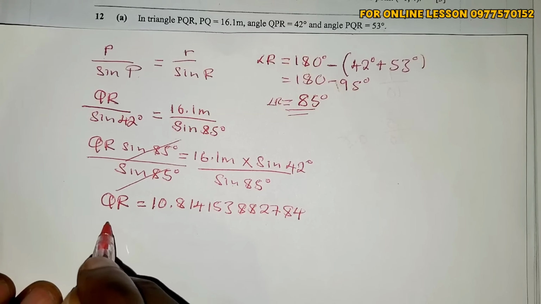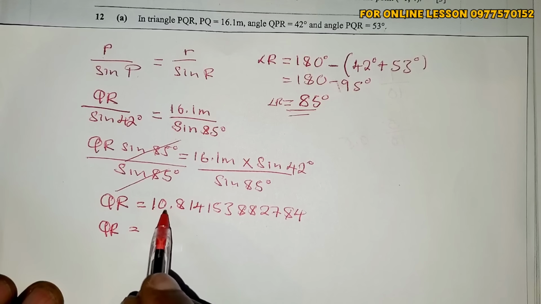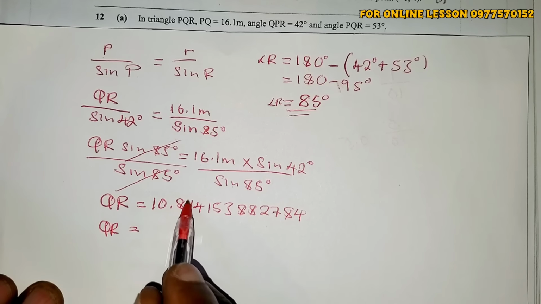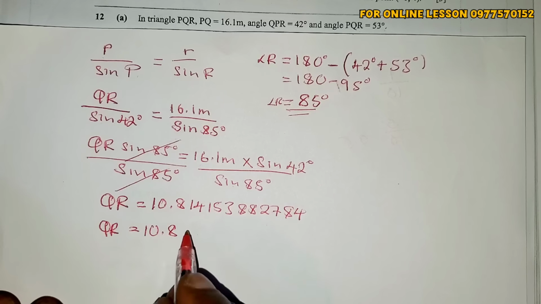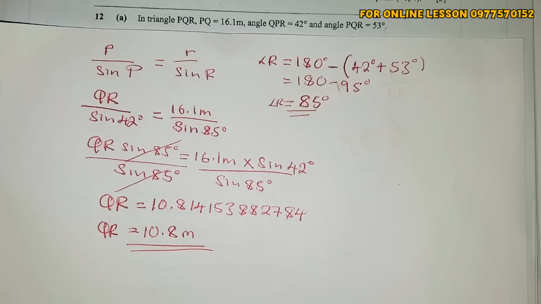Therefore, we're going to leave this one to 3 significant figures. According to the rule in the first page, this is 10.8. After 8 there is 1, so we can't add. It's less than 5, so we can't add 1 to this 8. Then remember to put the units, which are meters. So it's 10.80 meters.